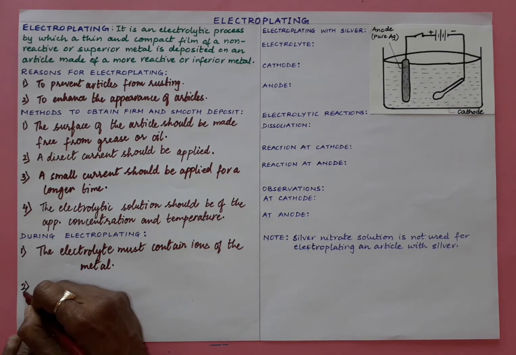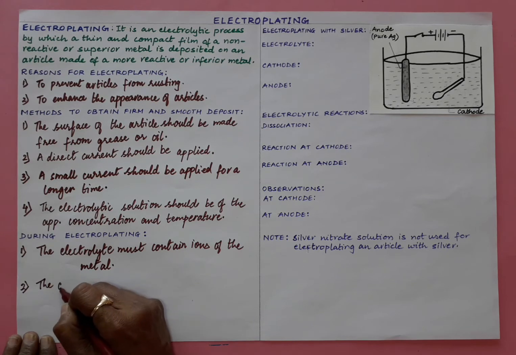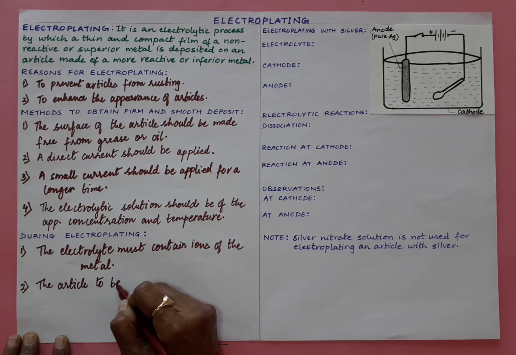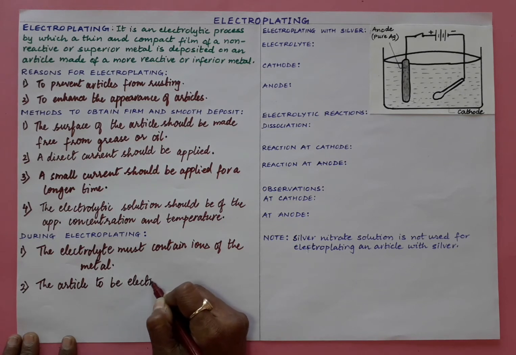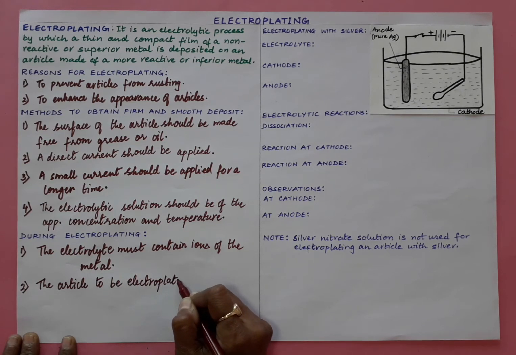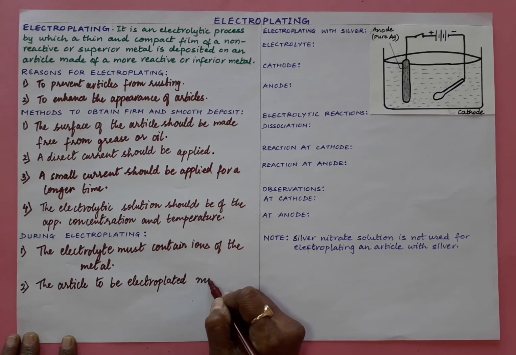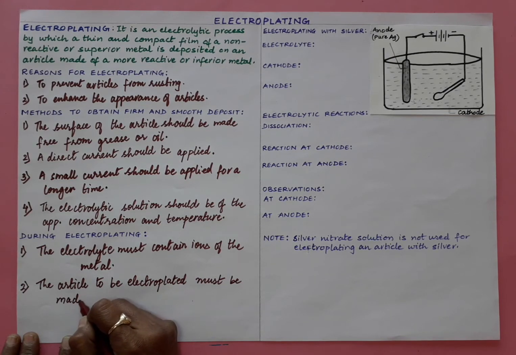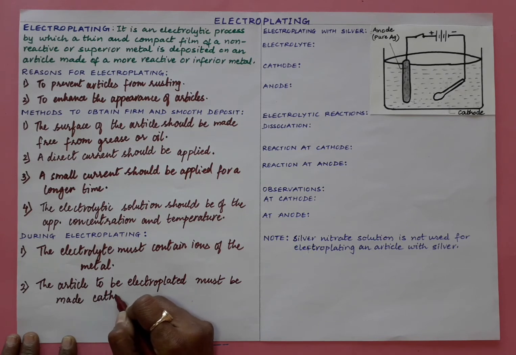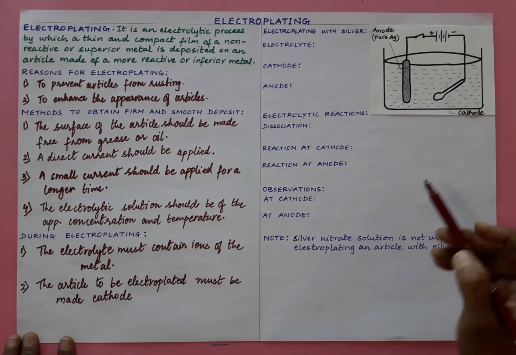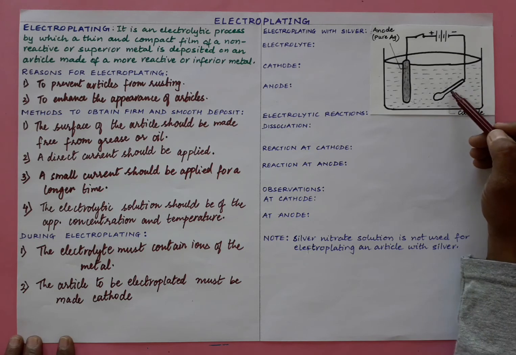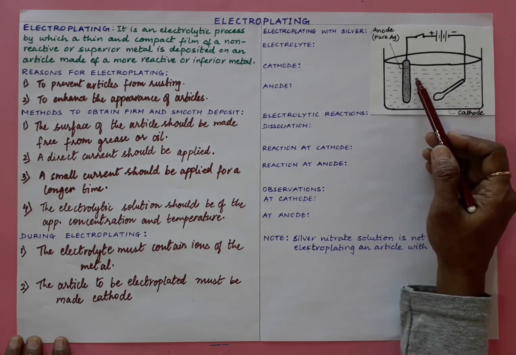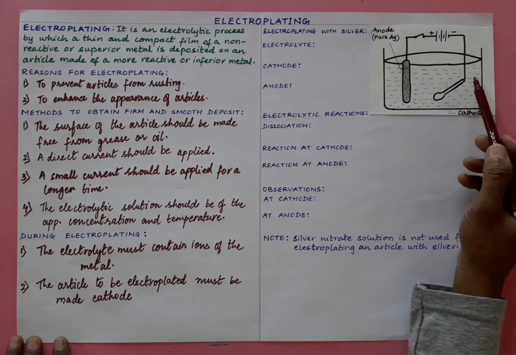What is the second point? The article to be electroplated must be made cathode, means the article to be electroplated must be connected to the negative terminal of the battery, so that the positive ions from the electrolyte will get deposited on the cathode.